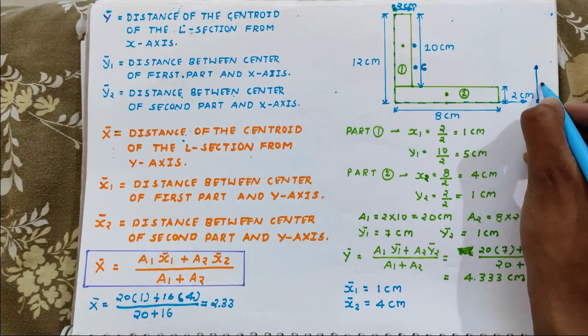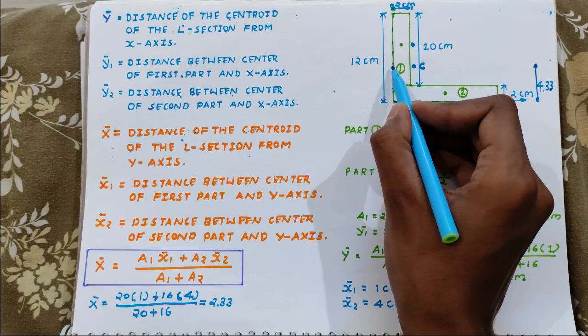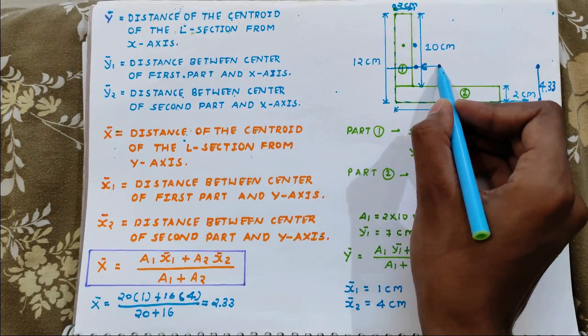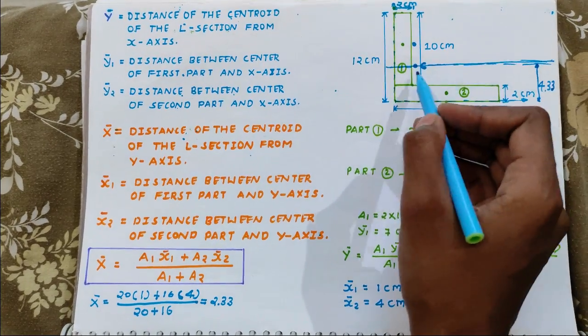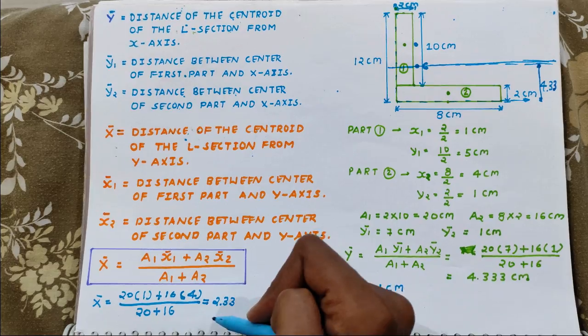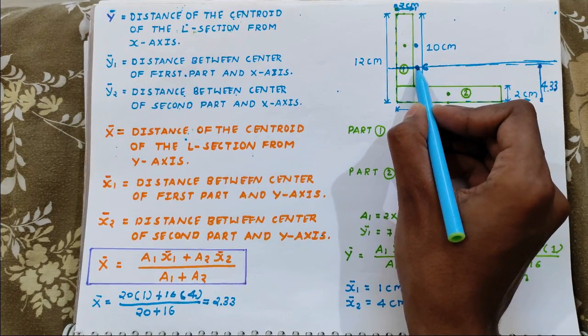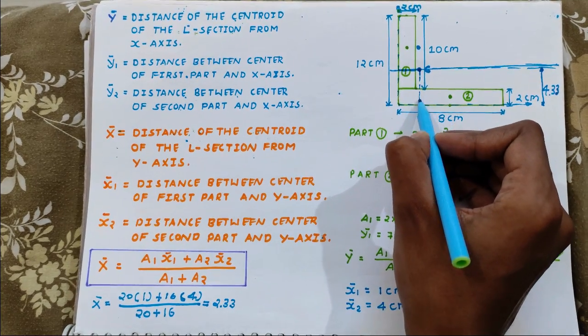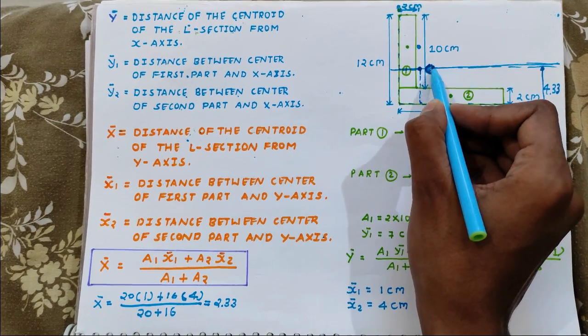This distance is 4.33 centimeter. So you can draw a line like this. And we know from the y-axis the distance is 2.33. So this distance is 2.33. So this point is the centroid of our L section.